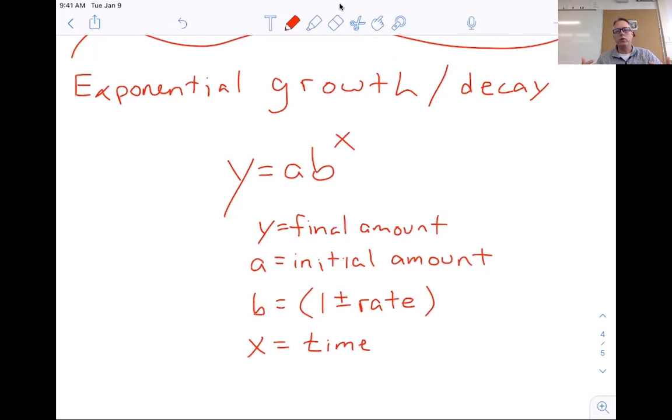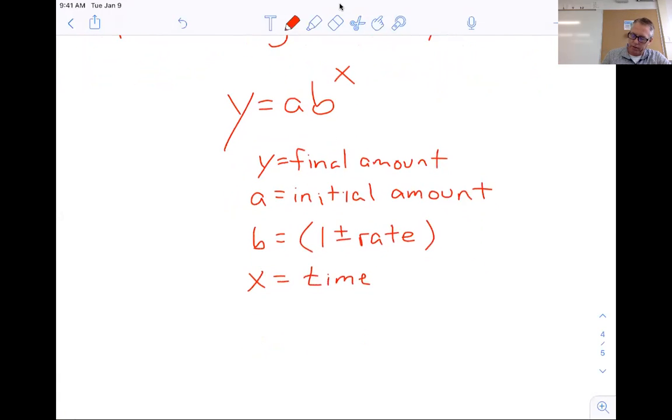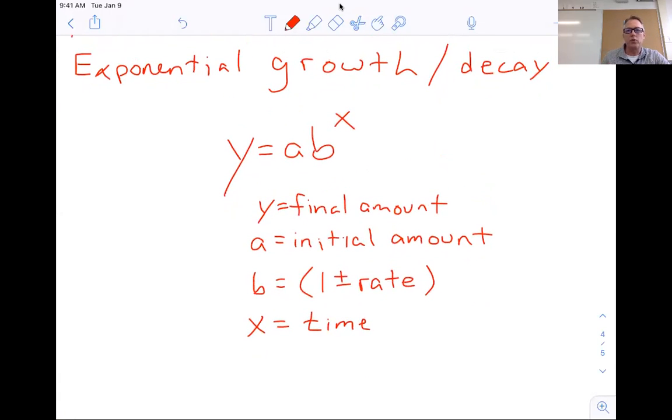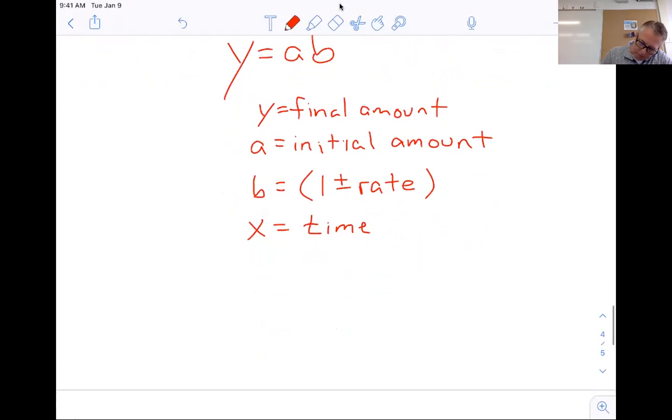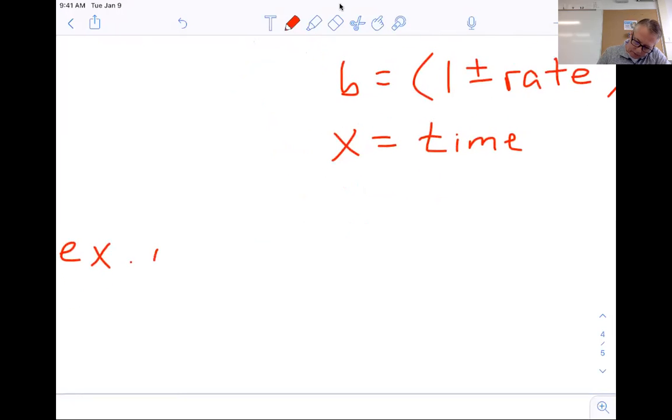All right, so here's something that would be an example of exponential growth. Population grows exponentially, or sometimes can decay exponentially. But let's say, for example, and this is going to be a word problem, we're going to write this down here.